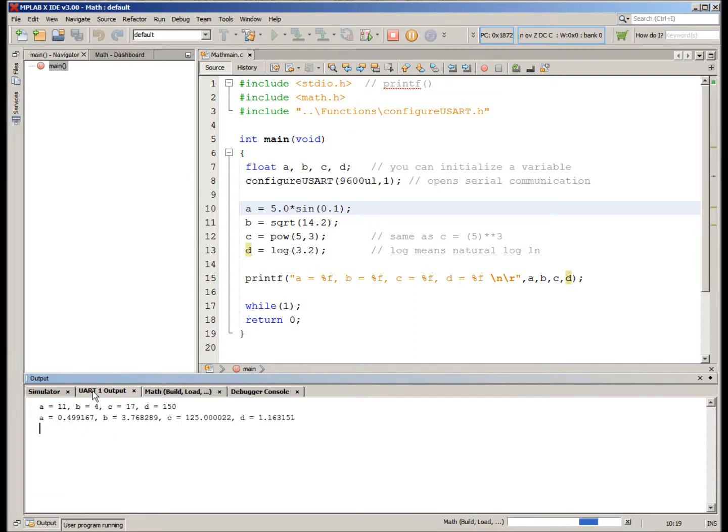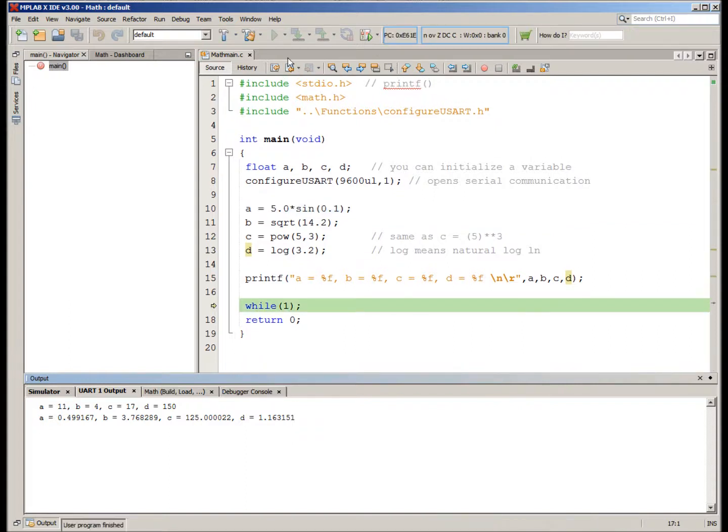Okay, so let's go to the window, and you can see the numbers that are printed out. Now, one of the things we notice is 5 to the power of 3, that's 125. Notice there's a certain amount of error in this number, and that's because of the size of the variables.